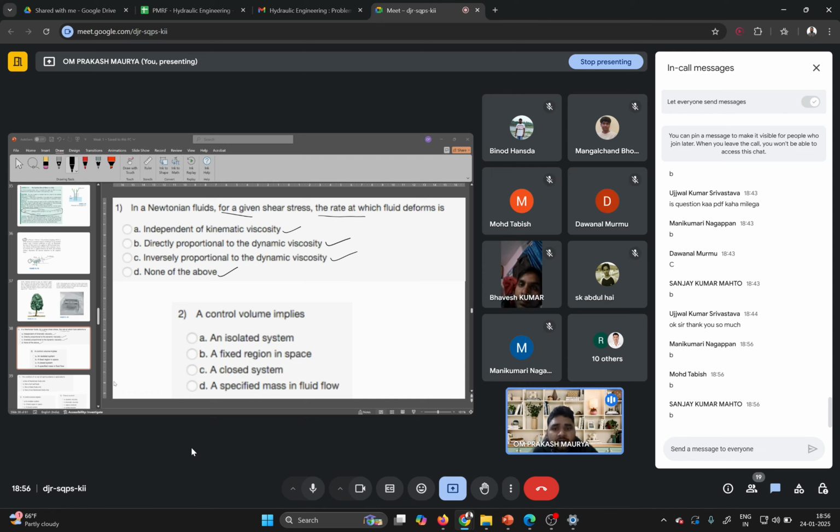The rate at which fluid deforms, will it be directly or inversely proportional? Just try to think. Shear stress is given, which means shear stress is constant already. The question is already telling. Please everyone try to participate in the discussion, it will benefit you. Whatever you know about the answer, try to write in the chat box.